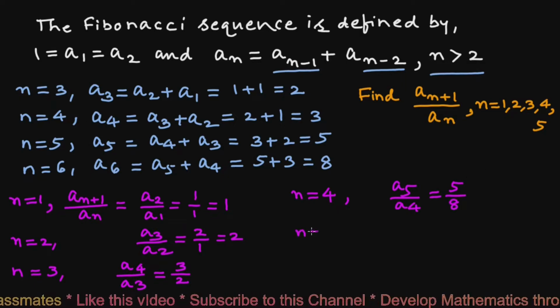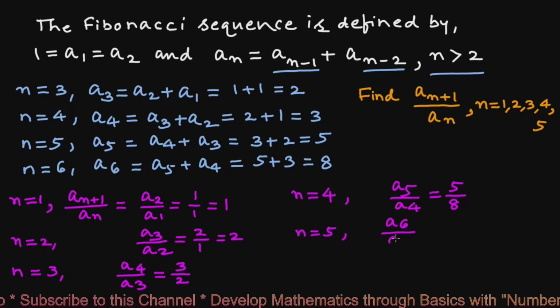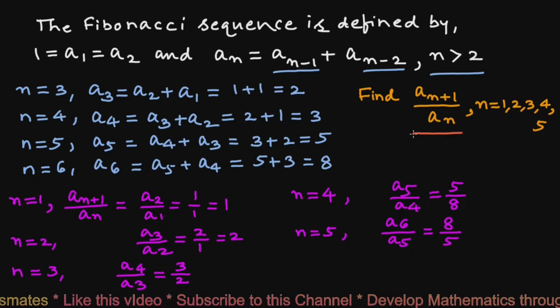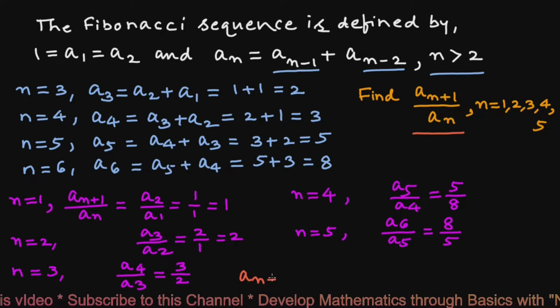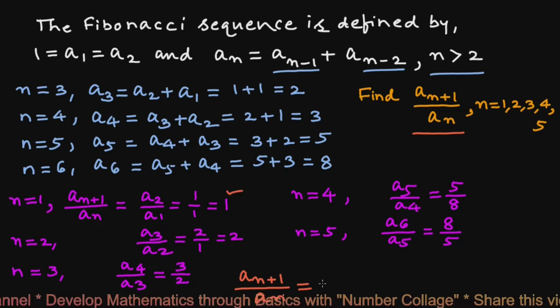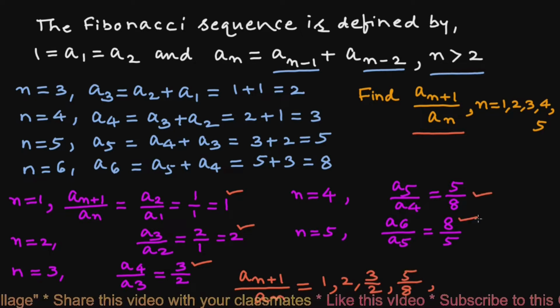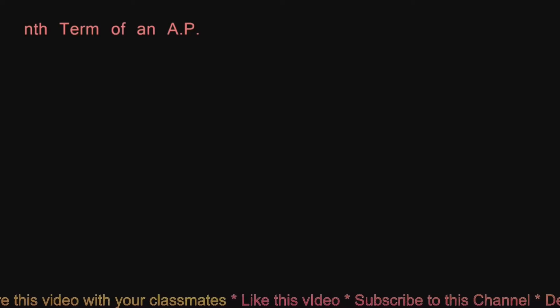For n equals 5, it will be a6/a5, that will be 8/5. So the sequence a(n+1)/a(n) will be 1, 2, 3/2, 5/3 and 8/5. We will see what is nth term of an AP.